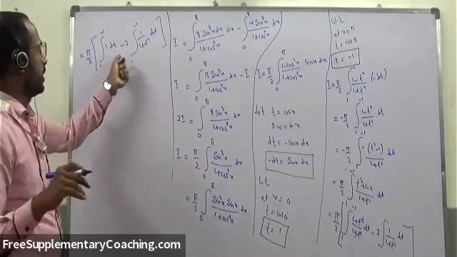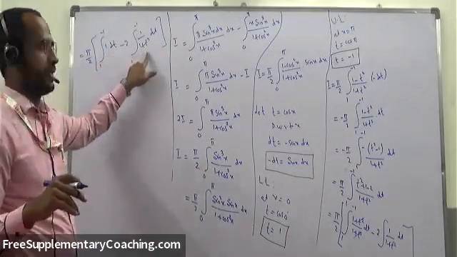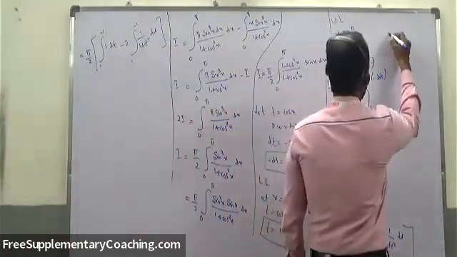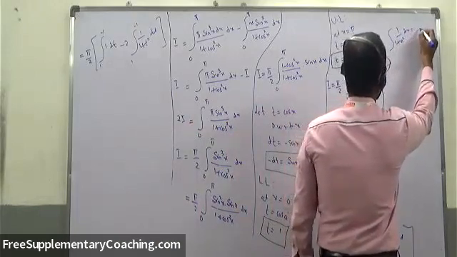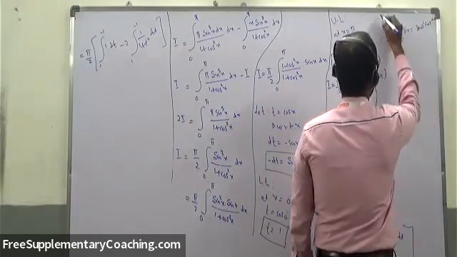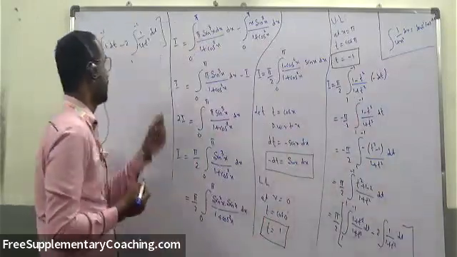We know that integration of 1 by 1 plus x square is tan inverse of x. Here I am writing integration of 1 by 1 plus x square into dx is equal to tan inverse of x plus c. I'm just using that formula here.